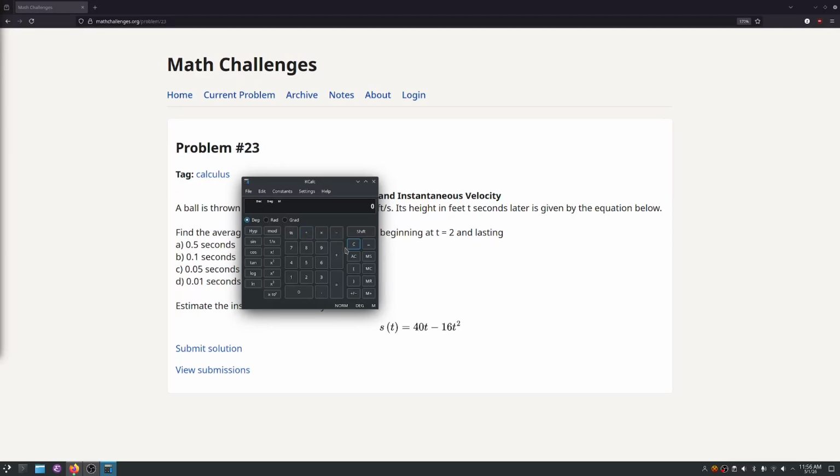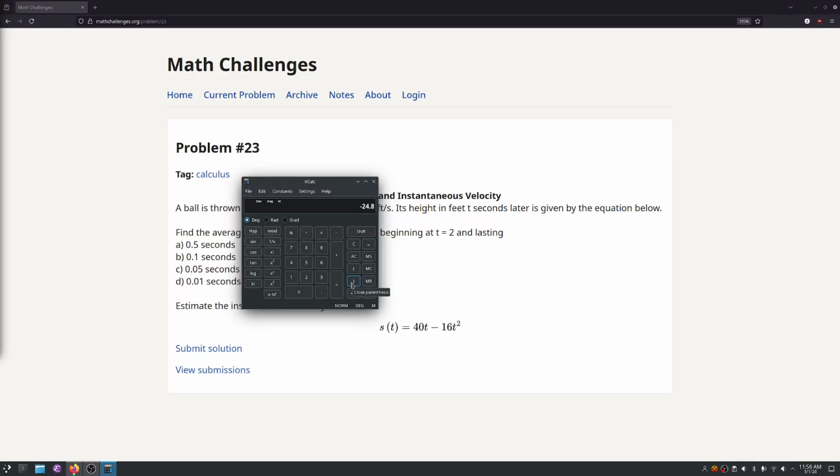And then 40 times 2.05, it's like 82. You're subtracting this number, which gives you 14.76. Subtract f of 2 from that and divide by 0.05. So we're getting negative 24.8 this time.